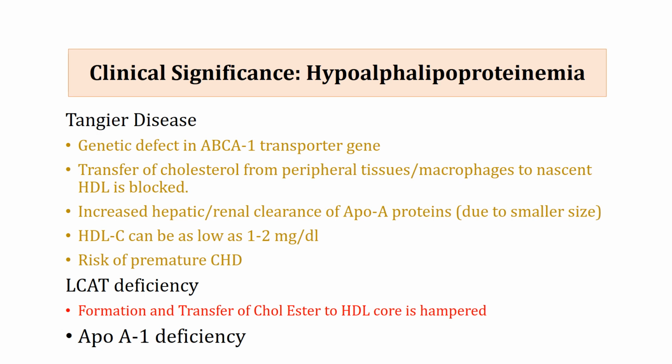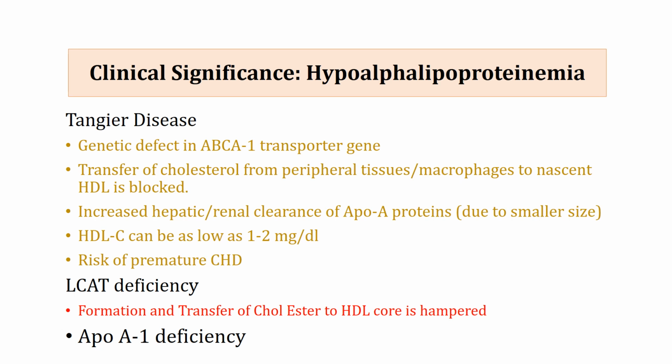In Tangier disease, there is a genetic defect in the ABCA1 transporter gene, which forms a transporter called ATP binding cassette transporter 1. This transporter is required for transport of free cholesterol from peripheral tissue to HDL. When there is deficiency of this transporter, the transfer of cholesterol from peripheral tissues and macrophages to nascent HDL is blocked.